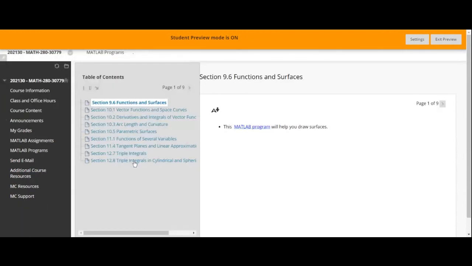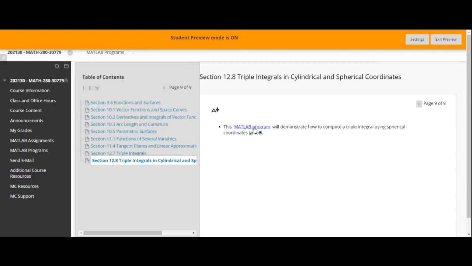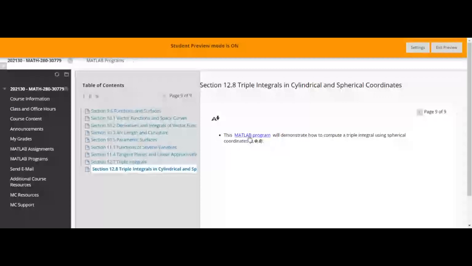Triple integrals in cylindrical and spherical coordinates. I'm going to click on that link, and this MATLAB program will demonstrate how to compute a triple integral using spherical coordinates. If you click on the link, it'll download the program that'll help you here. And then we'll open up that program.